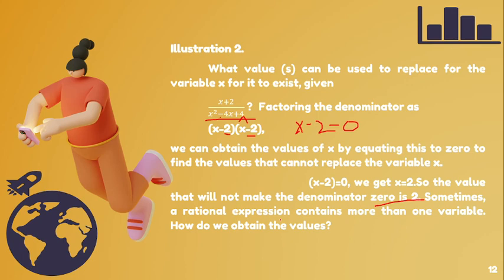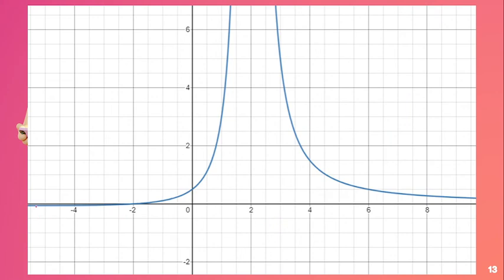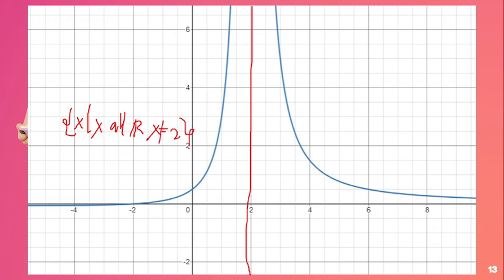Using a table of values, you can graph it. It is approaching 2, but when x equals 2 it becomes undefined. In set notation: x such that x is an element of all real numbers, x is not equal to 2, or all real numbers except 2.